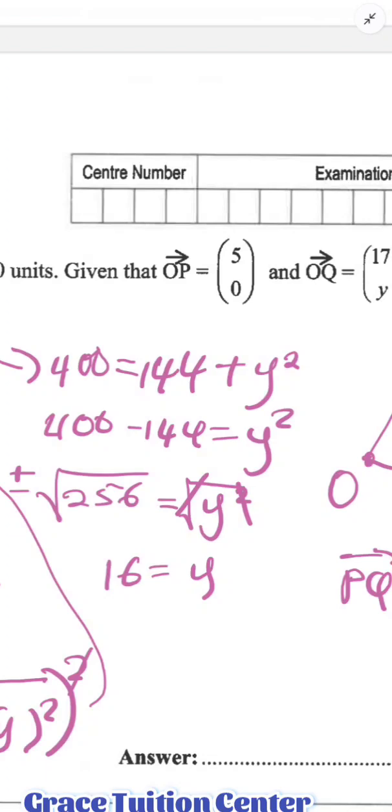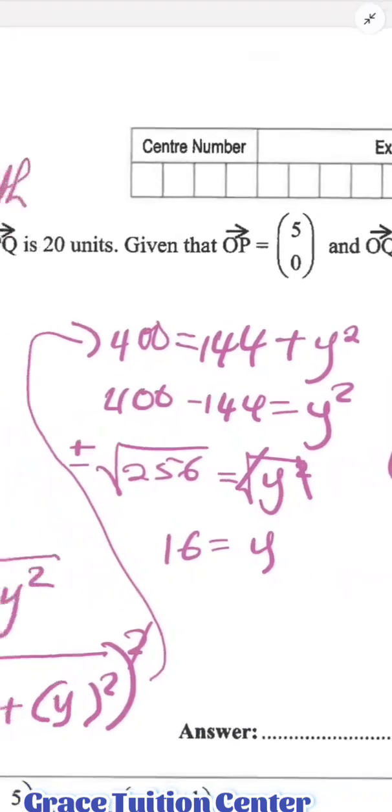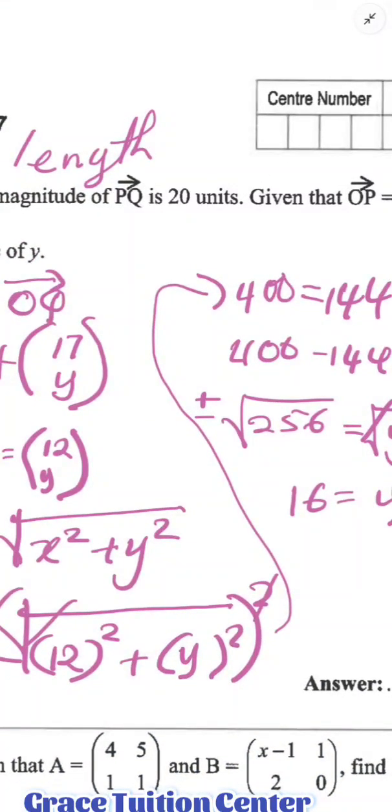So negative 16 and positive 16 qualify to be the value of y. However, the question here has limited us because it says find the positive value of y. So we don't need the negative value of y. That's why I didn't put the plus and minus here.